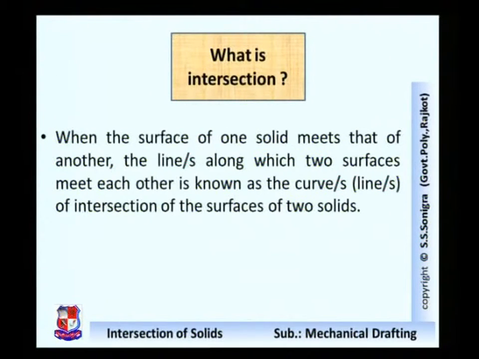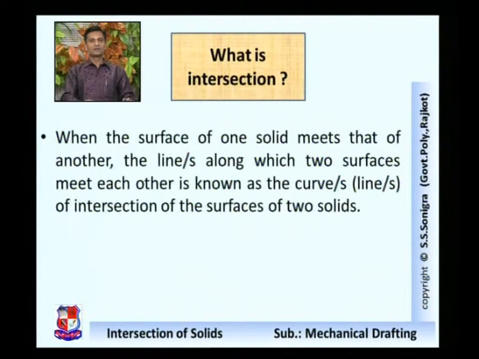For example, when two prisms or two cylinders meet each other, the shape formed where the two surfaces meet is called the intersection of surfaces of two solids.